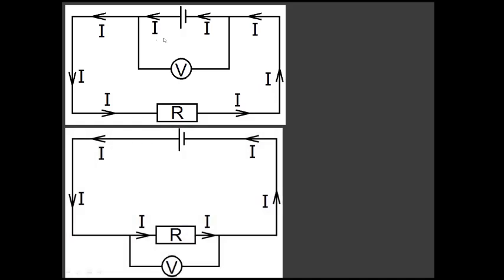You can also have this case, where we have changed and connected the voltmeter across just the terminals of the external resistor. In both cases, we get the terminal PD.